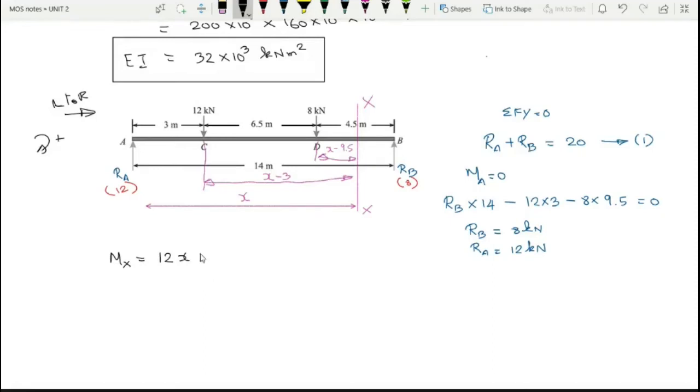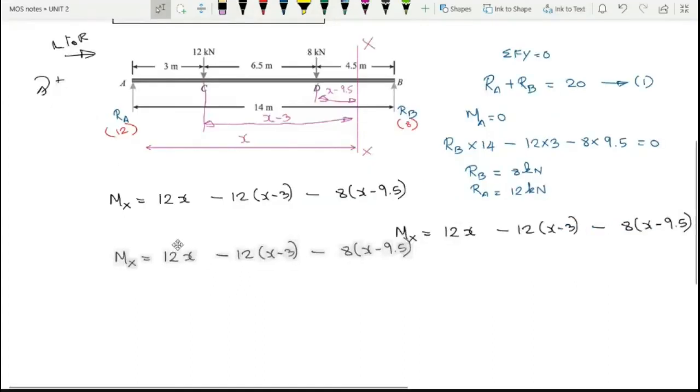Next, minus, others are negative, which is in anti-clockwise, minus 12 into X minus 3, and 8 into X minus 9.5, minus 8 into X minus 9.5. I'll put it here.